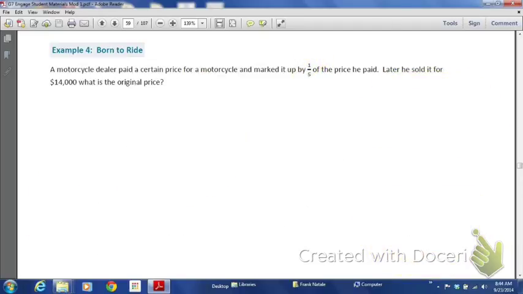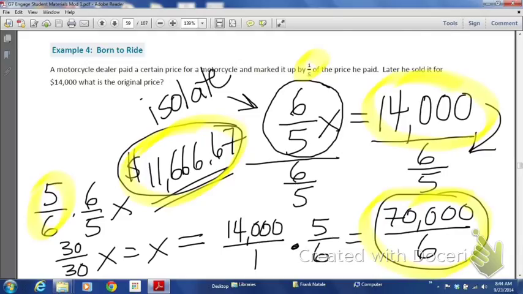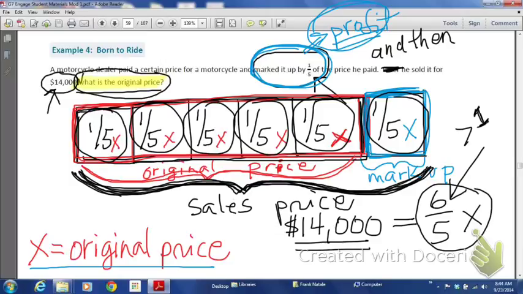If you know that this whole 6/5 of the original price is 14,000, you can actually just divide that 14,000 by 6.